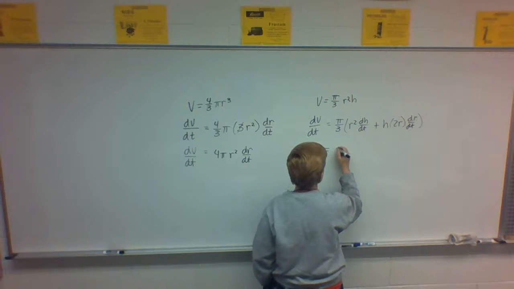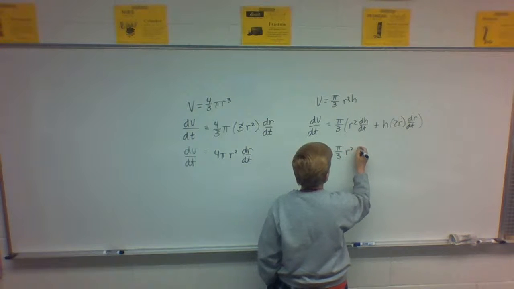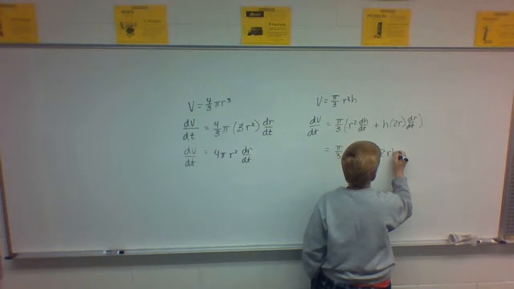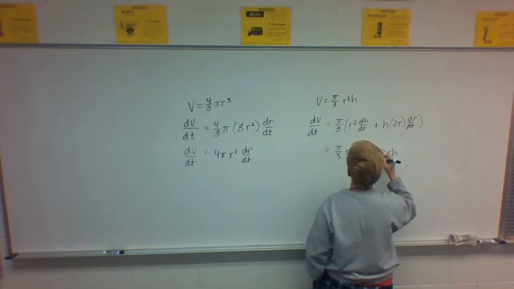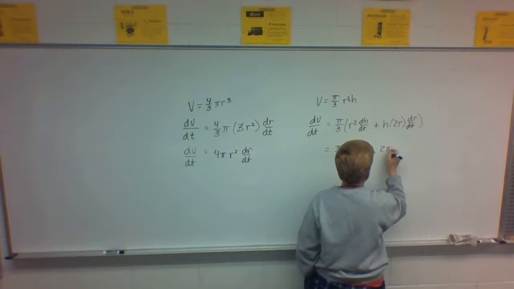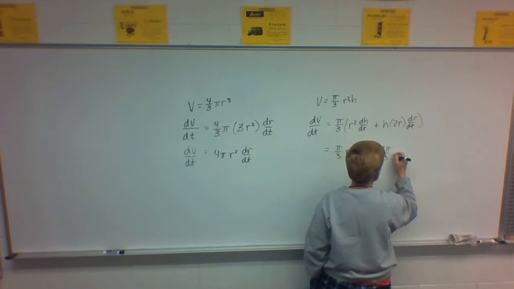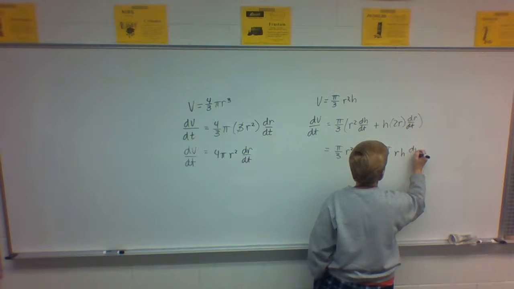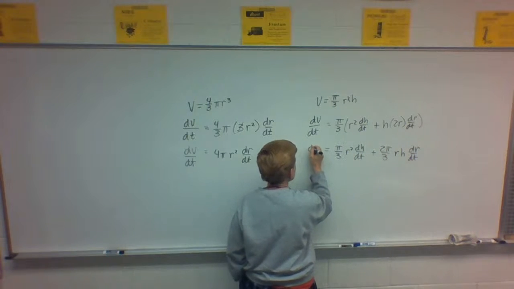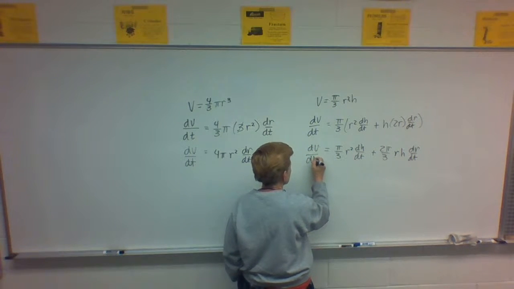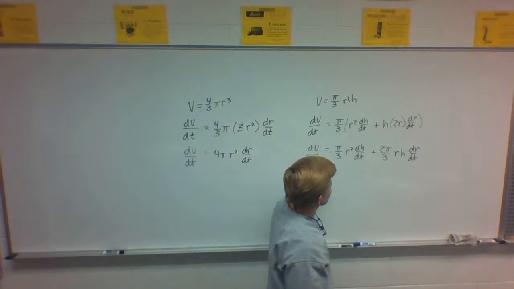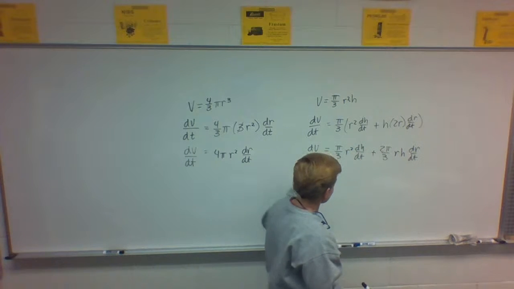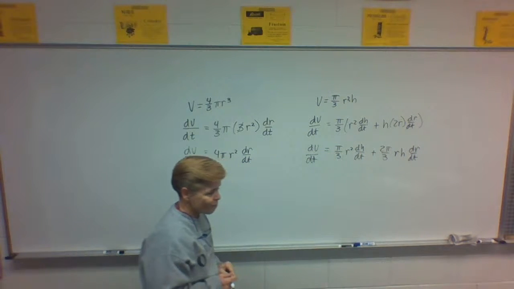It's going to be pi thirds r squared dh/dt plus 2 pi thirds r h dr/dt. That's how dV/dt, the rate at which the volume is changing with respect to time, is related to the rate at which the height is changing, is related to the rate at which the radius is changing. That mess right there is how they're all related.